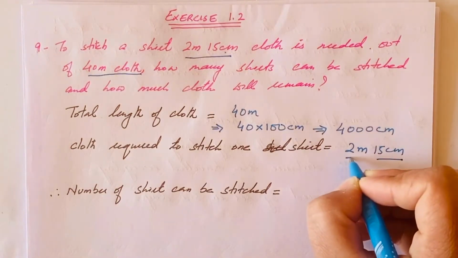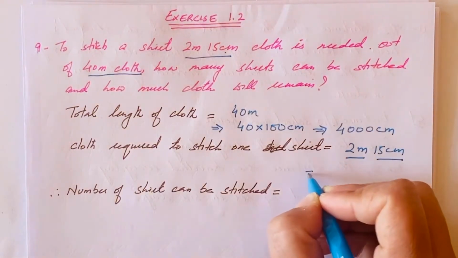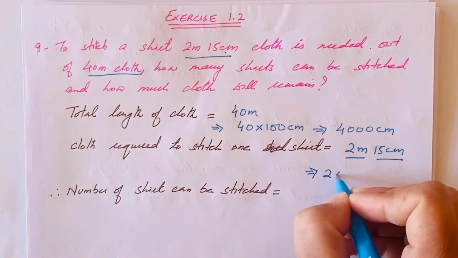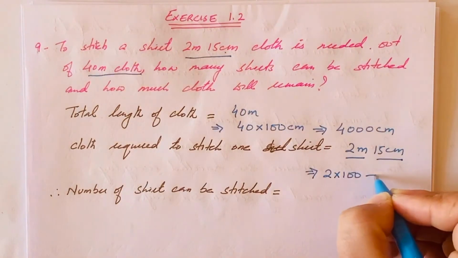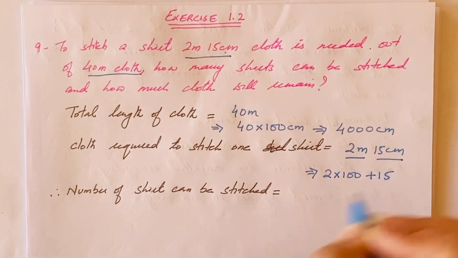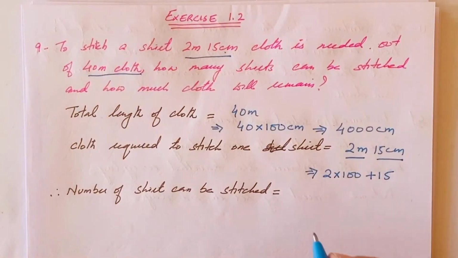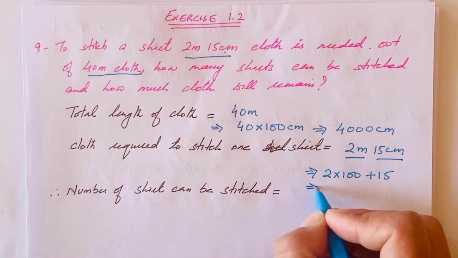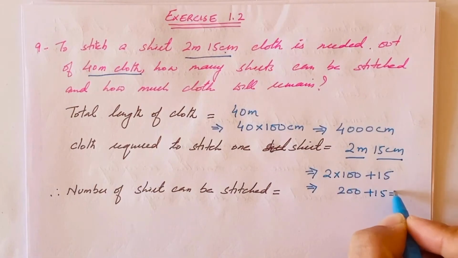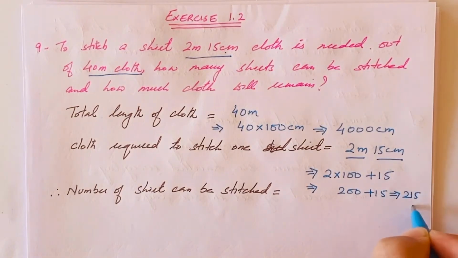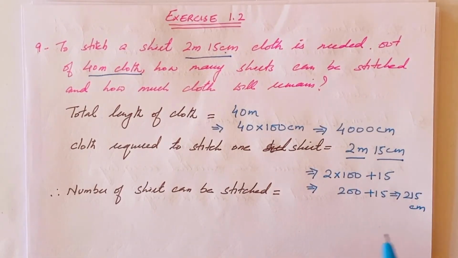You just have to convert 2 meter: 2 multiplied by 100, and 15 should be added because it is already in centimeter. So the answer will be 200 plus 15, that is 215 centimeter. To stitch one shirt you require 215 centimeter.